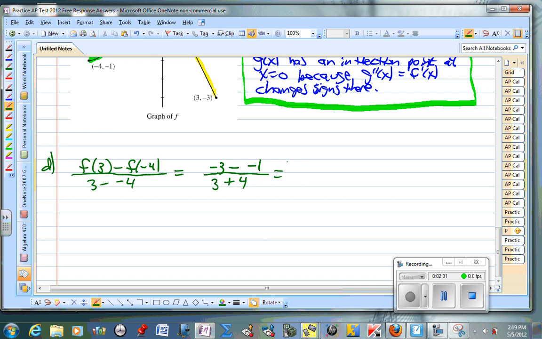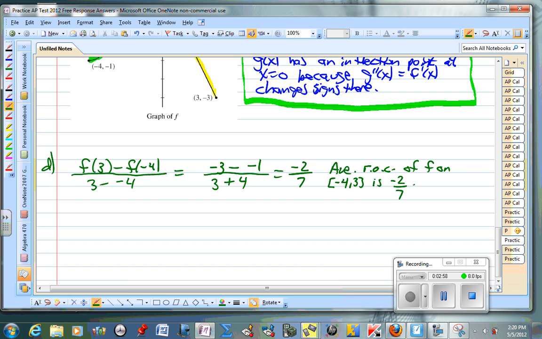Negative 3 minus negative 1 is negative 2. 3 plus 4 is 7. So the average rate of change of f on negative 4 to 3 is negative 2/7.